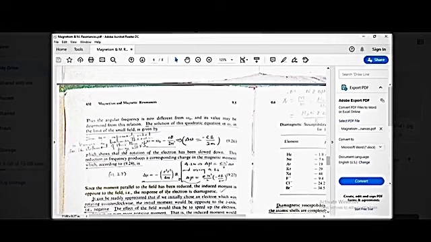Since the moment parallel to the field has been reduced, which is a very important sentence, the induced moment is opposite to the field, that is, the response of the electron is diamagnetic.